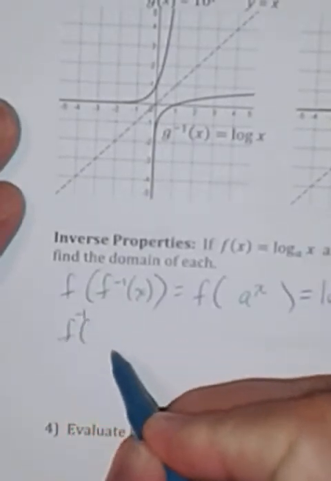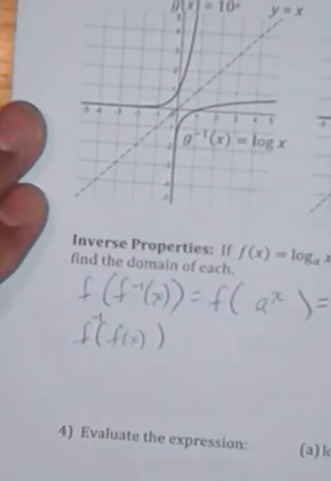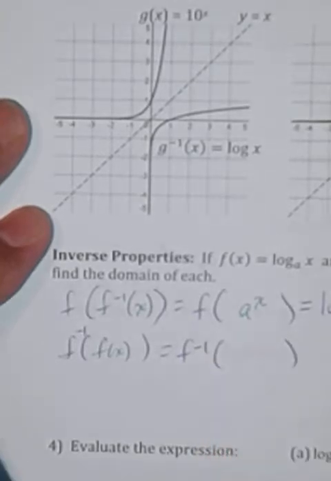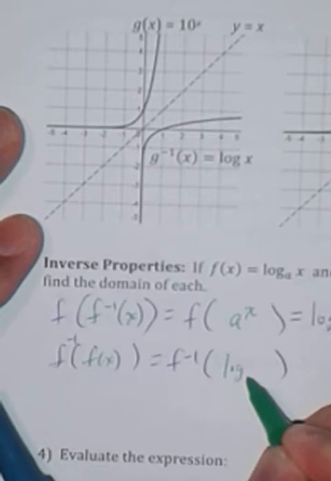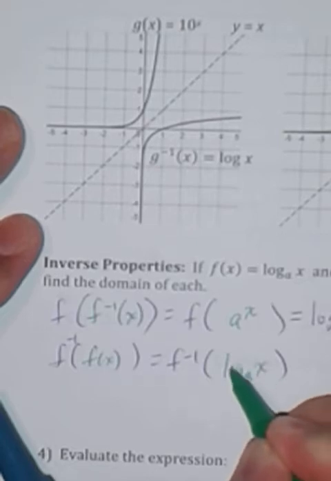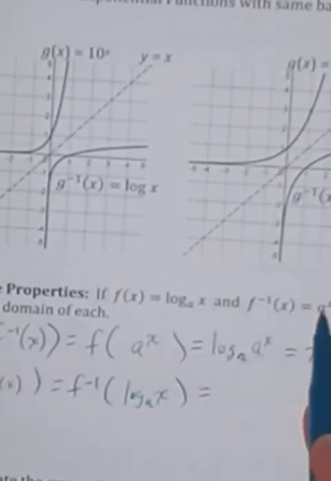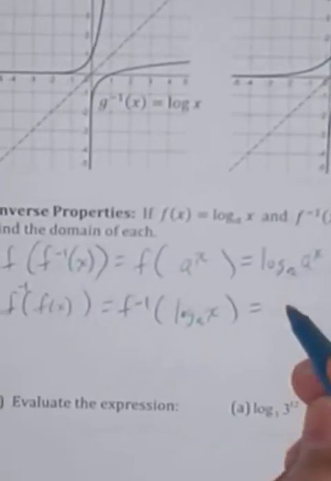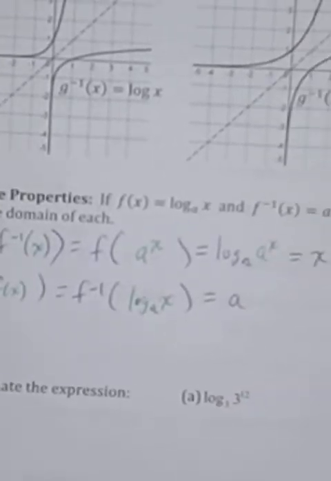F inverse of f of x would be f inverse of, and f of x is log base a of x. And f inverse is a to the whatever the input is. So this would be a to the, and the input is log base a of x.